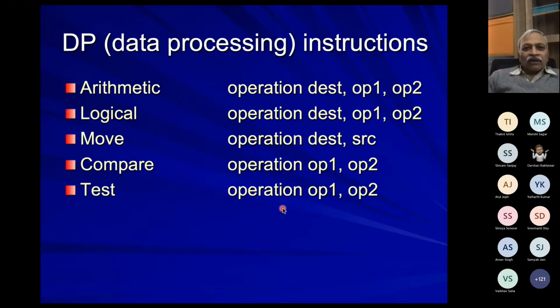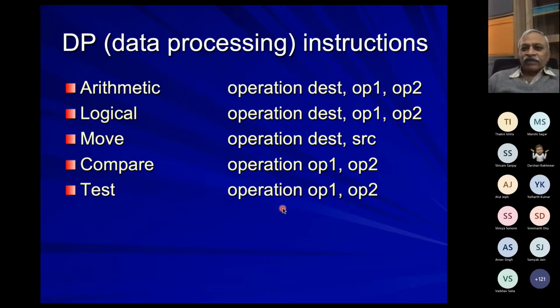Now let's look at the broader picture about the instructions. All these instructions which perform arithmetic or logical operations or data processing in some way are categorized as DP, or data processing instructions.